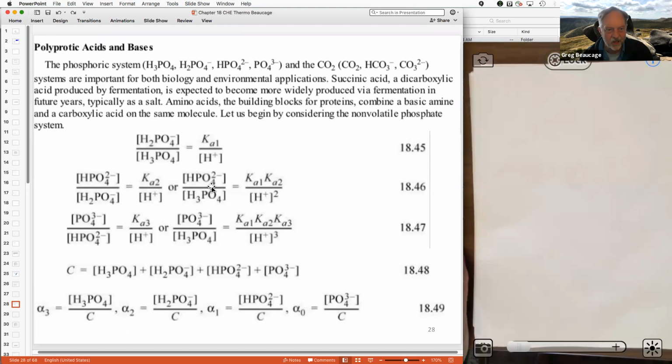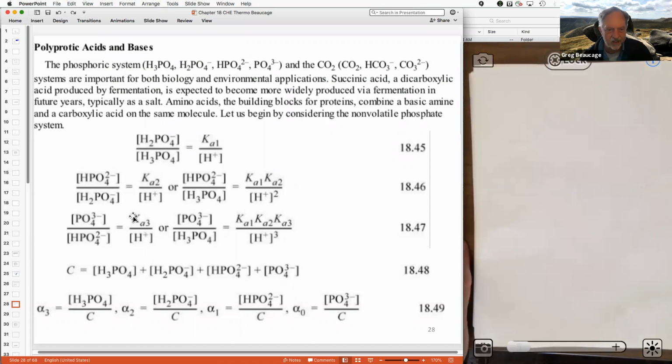Or you could write it in terms of the phosphoric acid that you put in dissociating to the second dissociation product, and then there would be Ka1 times Ka2, and you'd have the proton in the original material, right? In the same way, if you go to the third dissociation, you end up with all three equilibrium constants to get the initial material and the final, right?